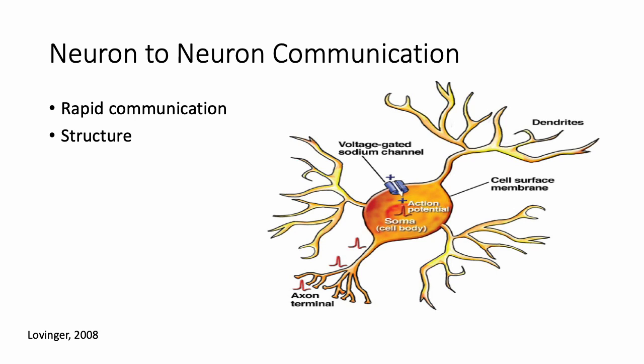Our first thing is going to be neuron-to-neuron communication. We're going to talk about rapid communication and the structure. In order for the brain to have the ability of rapid communication, there are cells within it called neurons, or excitable cells, that allow it. The shape of a neuron is unique because, like most cells, they have the cell body, or the soma, but the different aspect is that they have specialized thin branches called dendrites and axons.